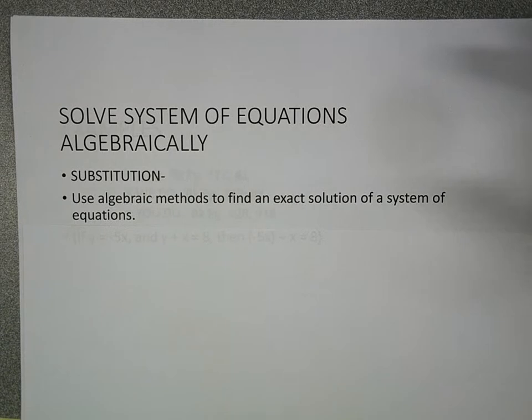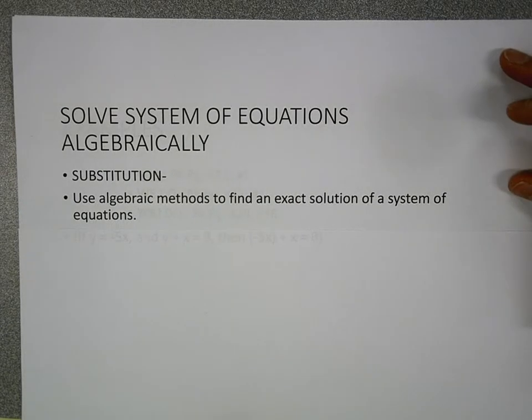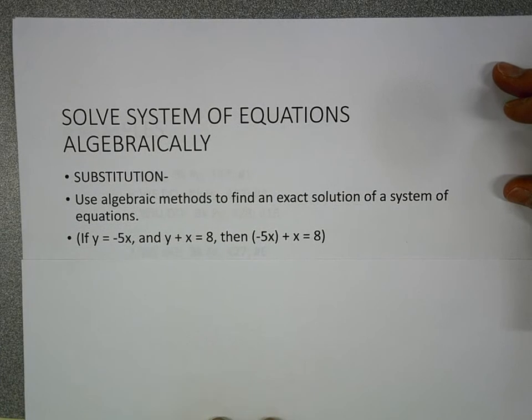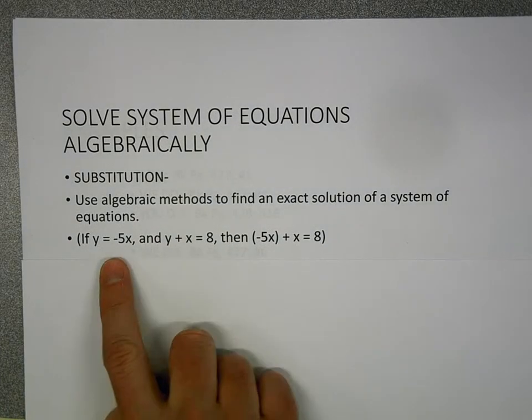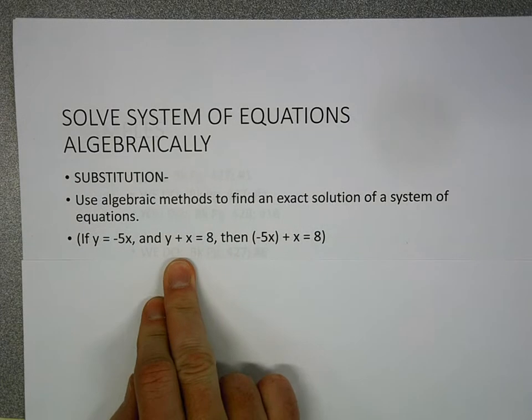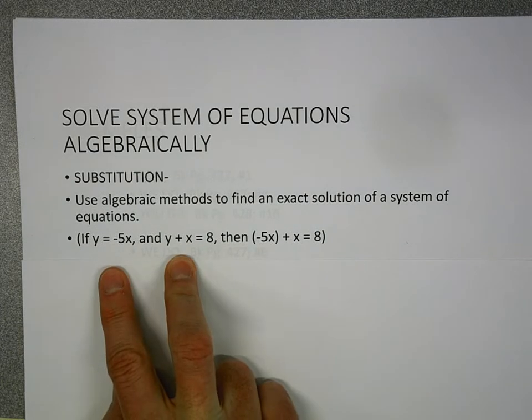All right, so actually this hopefully will give you a rough idea. If you don't understand this, it's not a big deal, but this is kind of what we're going to be doing in the lesson. So if you have two equations, y is equal to negative 5x and y plus x is equal to 8, there's your two equations. Instead of graphing them, here's what you can do.